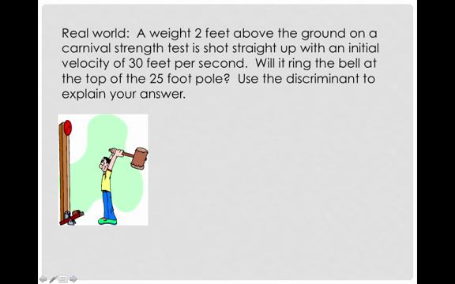Okay, so let's try a real-world example. I've got a weight that is 2 feet above the ground, and I'm going to see if I can hit it with a velocity of 30 feet per second and try to see if it'll reach this bell, which is 25 feet up the pole. I'm going to give you this formula, and this will start looking familiar: h equals negative 16t squared, where t is time, plus 30t, because my velocity was 30.